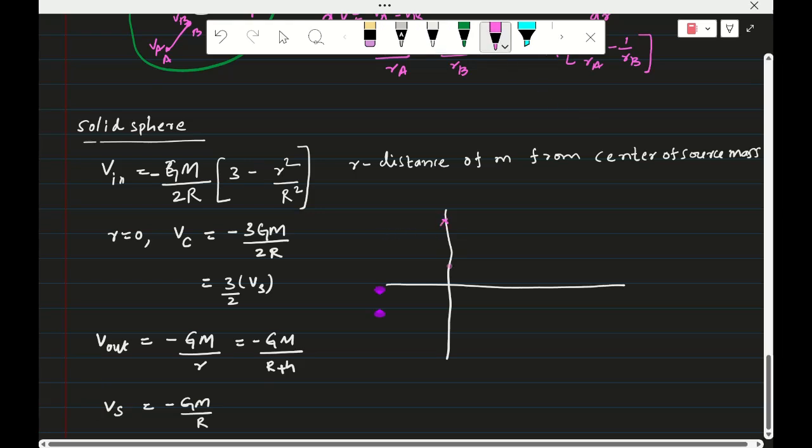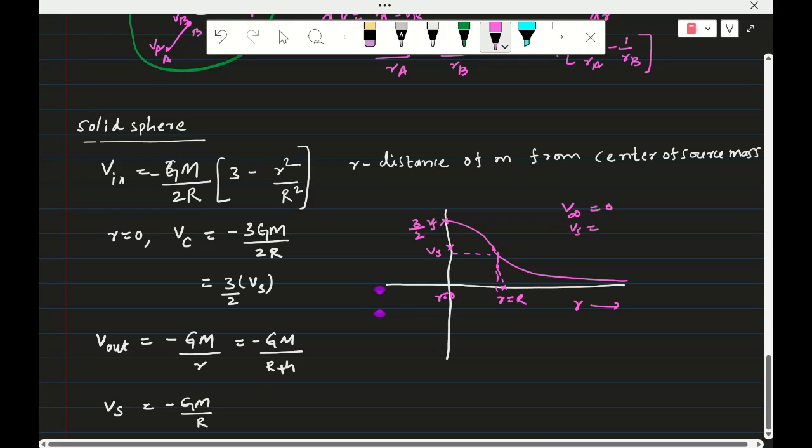So here at r is equal to 0, this is 3 by 2 of Vs, and here is Vs, the surface, which is r is equal to R, and as r tends to infinity, the potential becomes 0. Parabolically the graph comes up. Here it is the maximum value on the surface. Sorry, this value is not the maximum. Generally the potential at infinity is equal to 0.